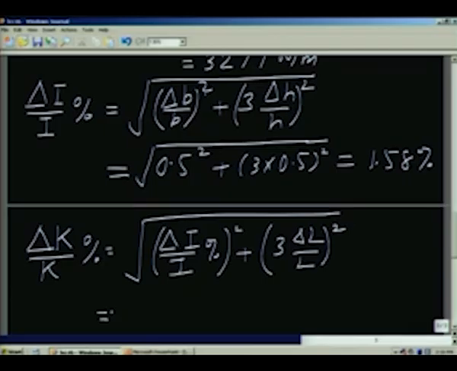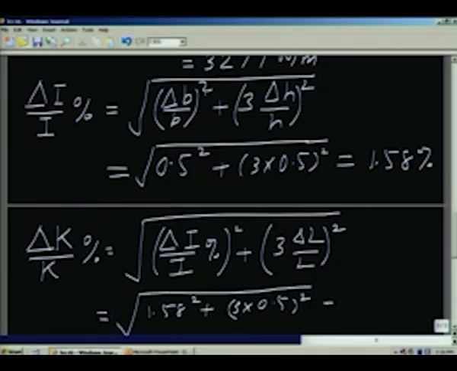That will give you again 1.58 squared plus 3 into 0.5 whole squared. This is in percentage, and this will give you 2.18%.